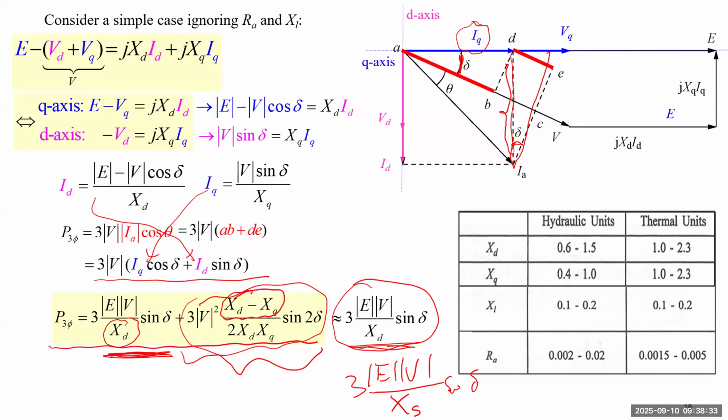So you see for thermal units, are they round rotor or cylindrical rotor generators? Do you remember?